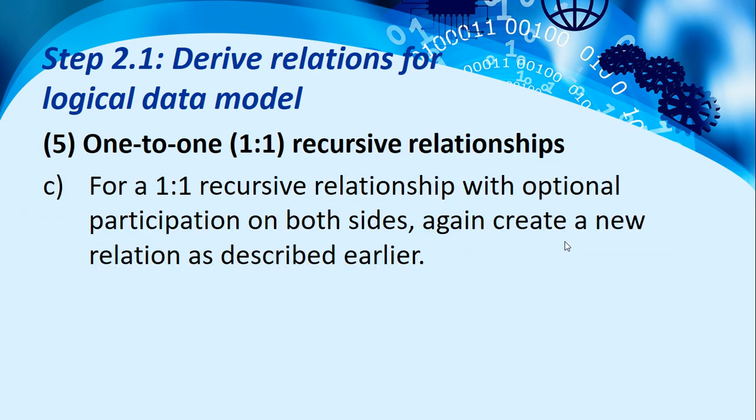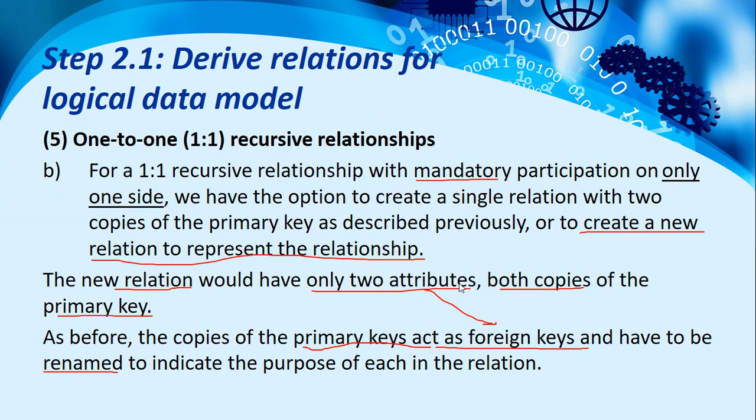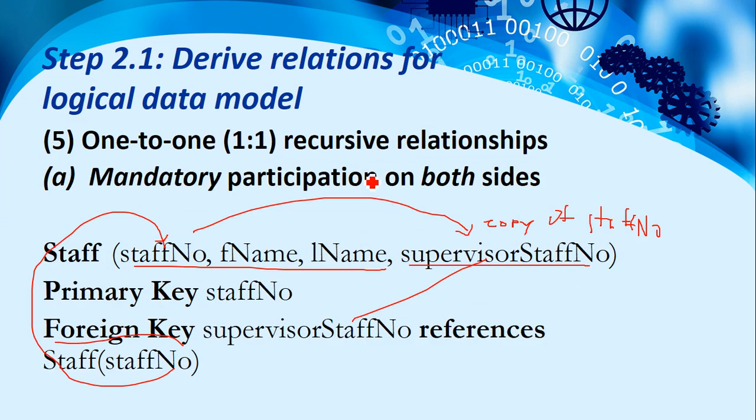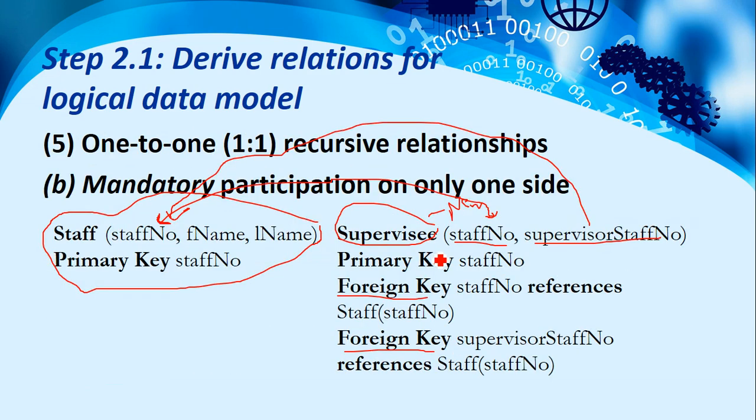And for a one-to-one recursive relationship with optional participation on both sides, again, create a new relation as described earlier. Our approach for this scenario is the same as what we did in B. Let me clarify: in letter B, you have the option to create a single relation, like what we did here, or you can have it this way, two relations.